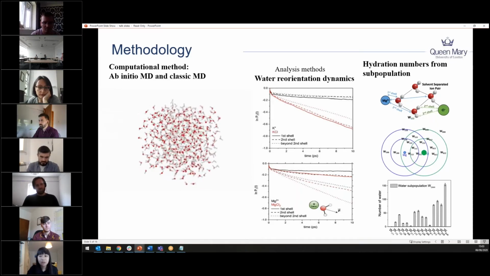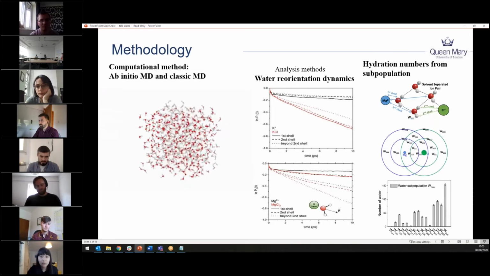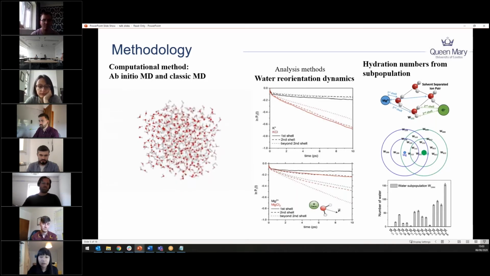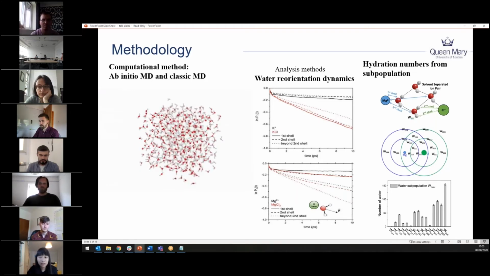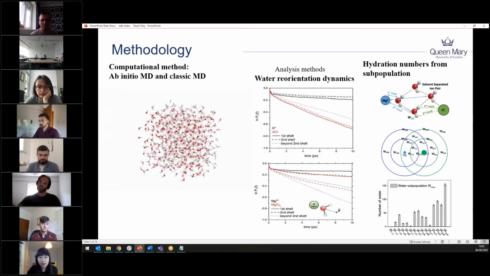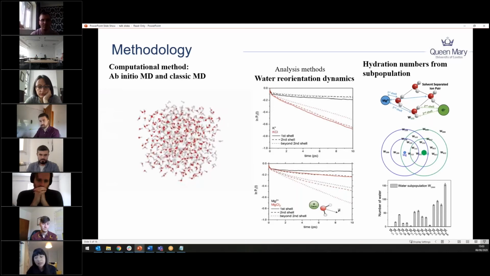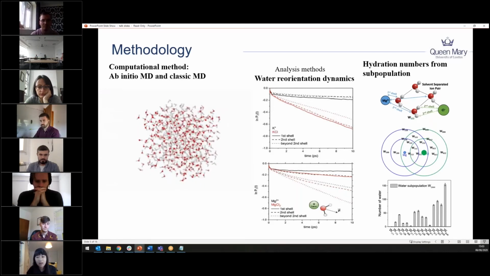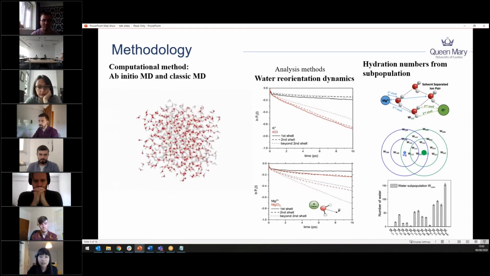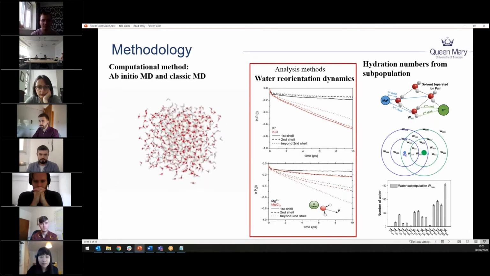The property I would like to show here today is the analysis of water reorientation dynamics of the ionic solvation shells. From the results of the water reorientation dynamics, we have also implemented a new model to categorize the water molecules in magnesium chloride solutions into different subpopulations and get the hydration number from them. I will go into details of this method later. So could you please go to the next slide?